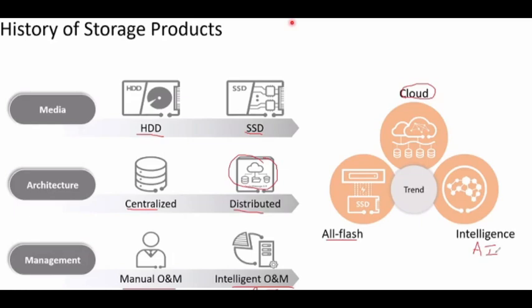HDDs are very hard to determine because they run mechanical parts, so at any time they can fail. But with SSDs, using intelligent O&M, they can tell you, we have written on this SSD 3,000 times or 10,000 times, it is going to wear out soon, you want to change this SSD.